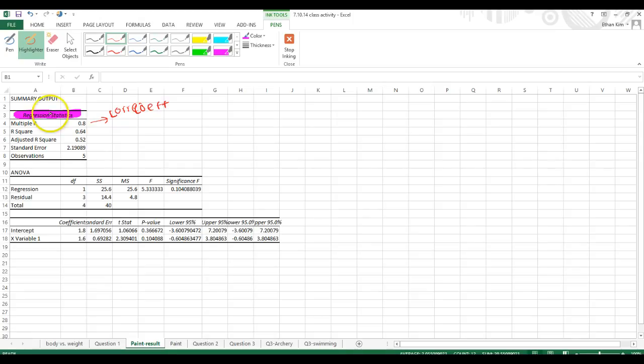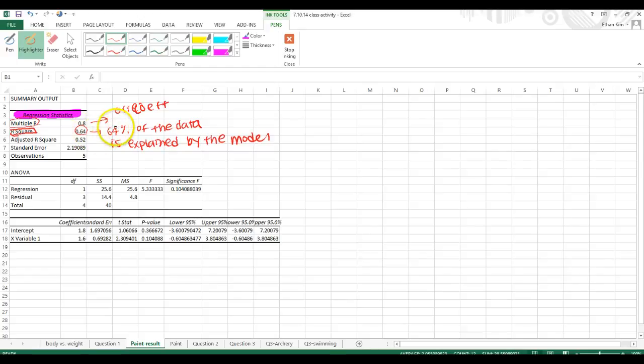And R square, this is another very important measure, and we're not going to talk about how to get this because it's pretty complicated. But just for now, think about it as the following. 64% of the data is explained by the model. So 64% is okay, but it's not really that high.